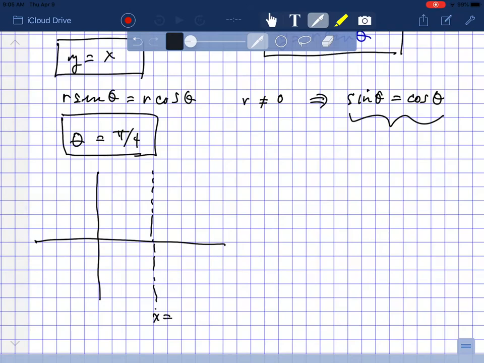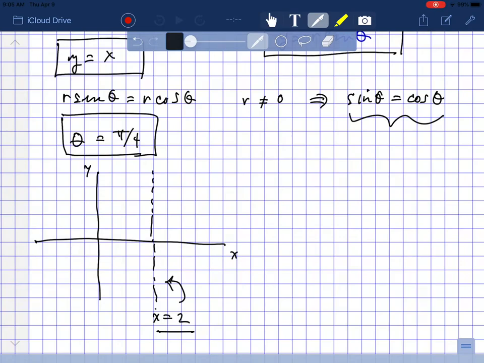We'll say this is x equal 2, with the x-axis and y-axis. So this is the equation of this vertical line in terms of rectangular coordinates. And what I want to do is represent this line as an equation in terms of polar coordinates.